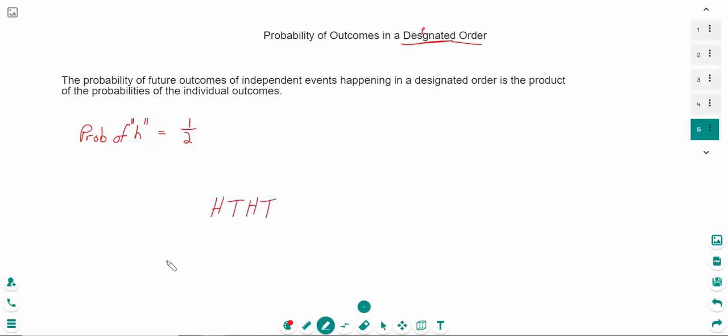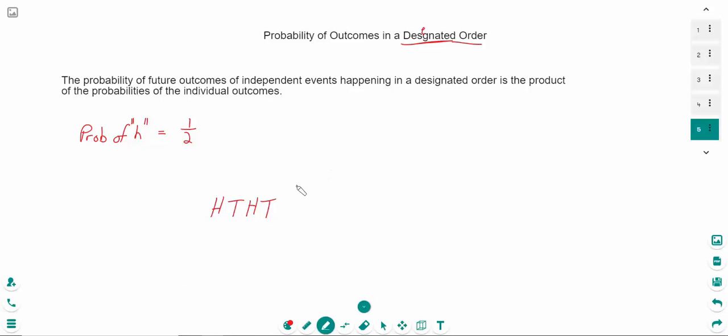Okay? So in that order. So now, not only am I looking for getting heads, but I also am looking for the probability of me doing this 4 different times and getting these exact results. A heads, a tails, a heads, and a tails. Okay, what is the probability of that?